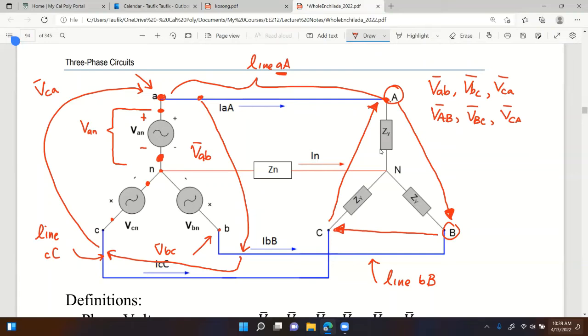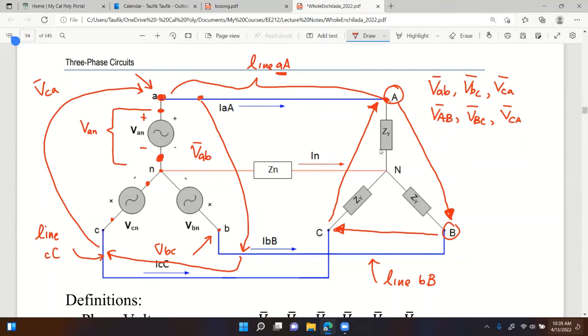Again, VAB from here to here, then from B to C, and then from C to A. If you do it this way, that's the correct way of assigning or defining line-to-line voltages for this example.